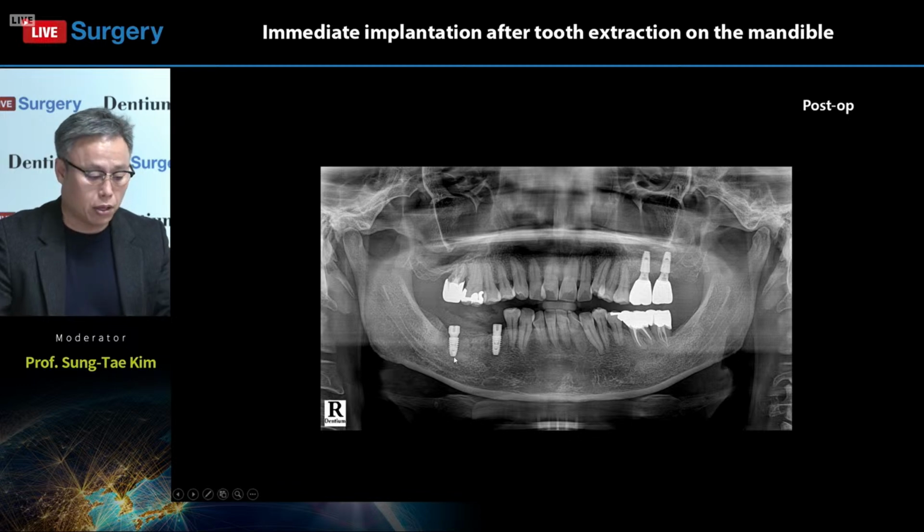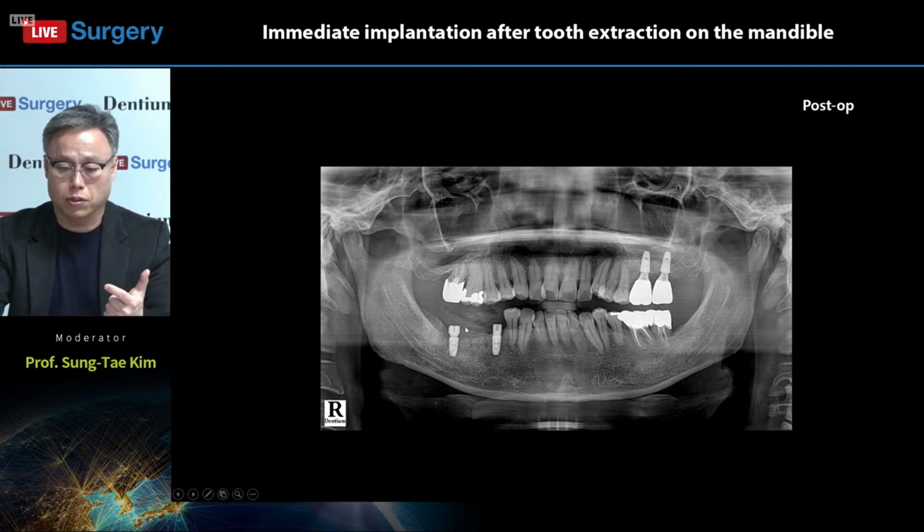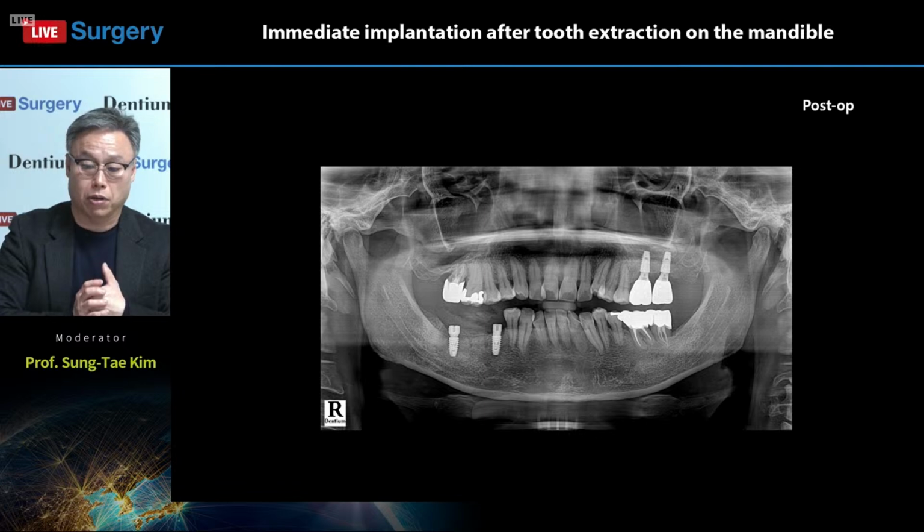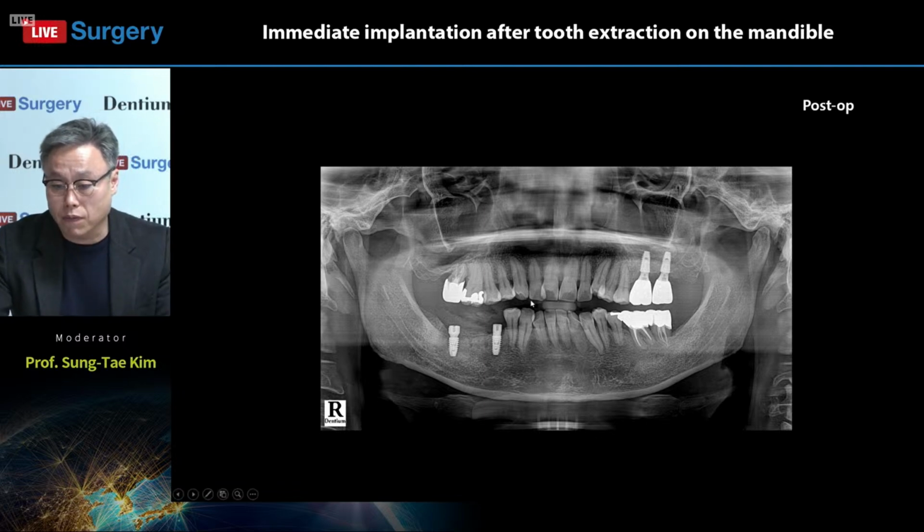Therefore, we can get better primary stability than with the superline implant because of the dome shape of the fixture. And the other one is surface contact area. Because of this shape, the surface contact area is increased. Therefore, we have more chance of getting primary stability. The third one is thread design. If you see carefully, the thread design of the bright implant is more aggressive than the superline implant.